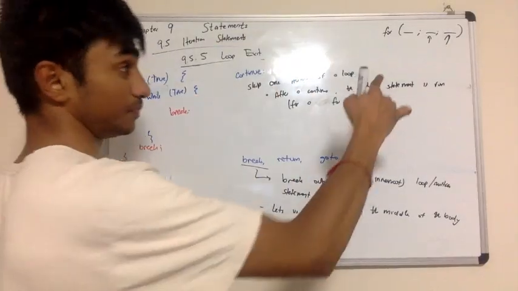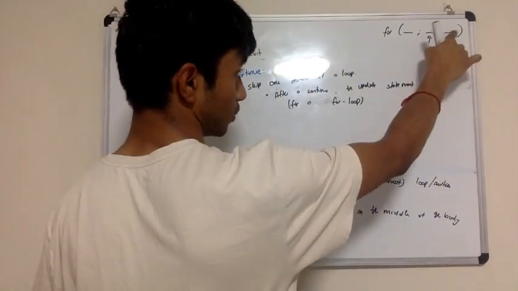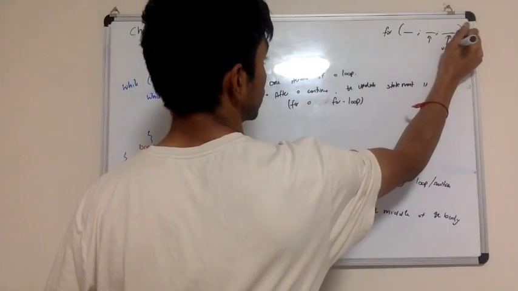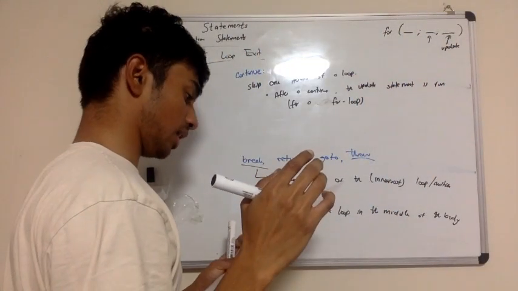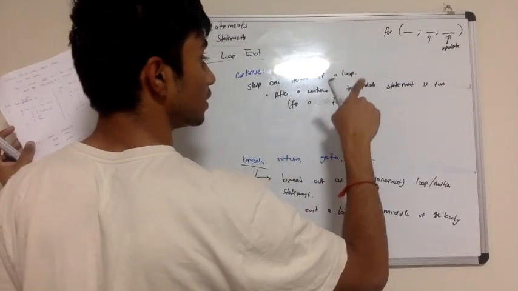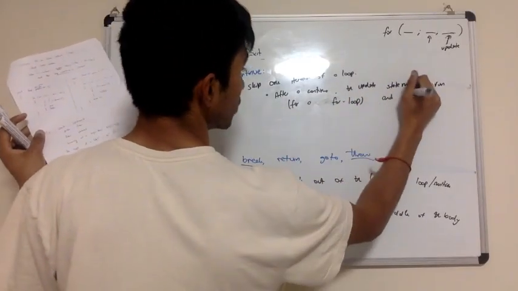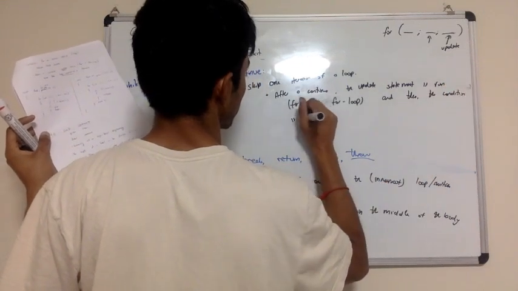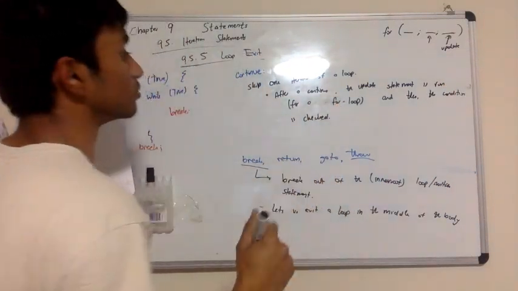When continue is run, it hits the continue. It executes the update. We'll go through a concrete example in a sec. When a continue is hit, the update statement is run, and then the condition is checked as it normally is, right? Before we re-enter the loop body.